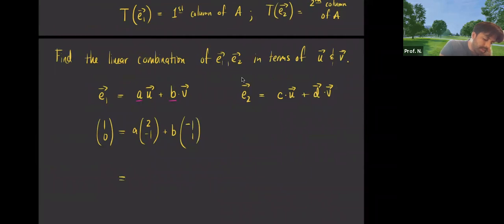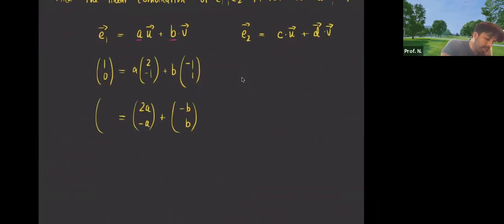When I write this out, this becomes 2A, negative A, plus negative B, B. This is 1, 0. In other words, 2A minus B, negative A plus B gives me 1, 0.